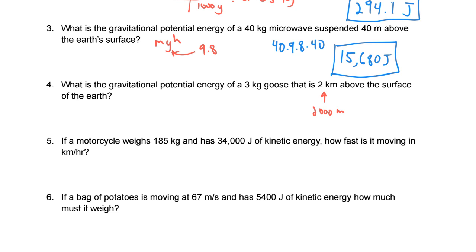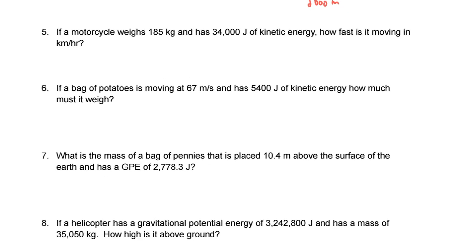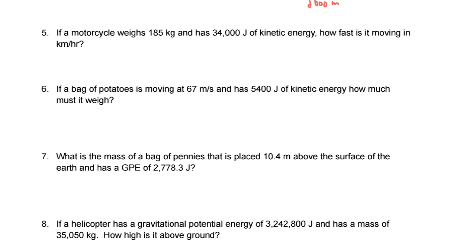Number 5, now we've been given the information in a different order. We'll still use our kinetic energy formula, 1/2 mv squared, but we fill in different parts of it. The motorcycle weighs 185 kilograms, so that goes in for the mass. 0.5 times 185.